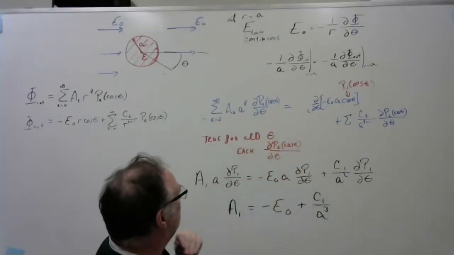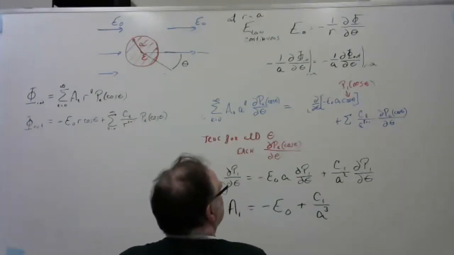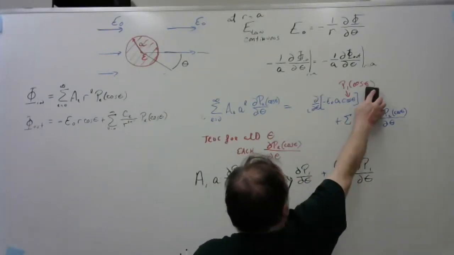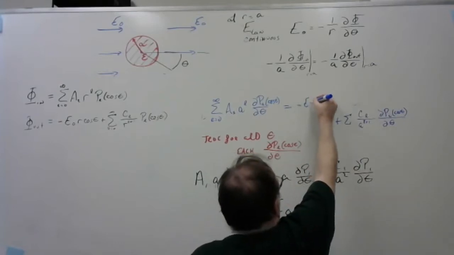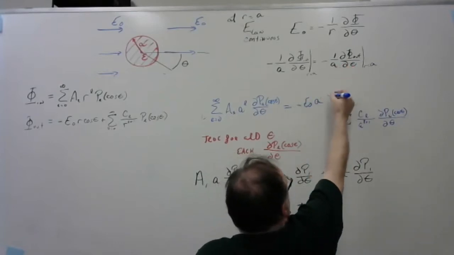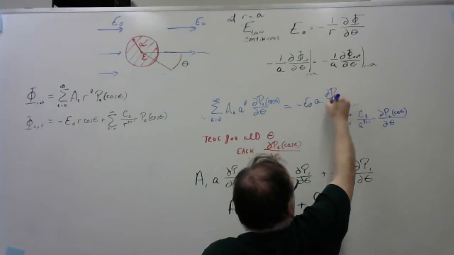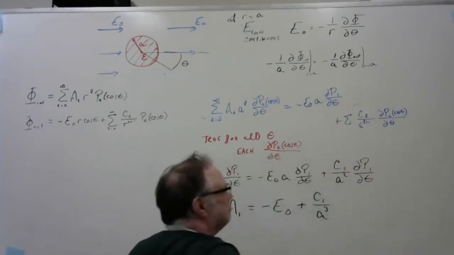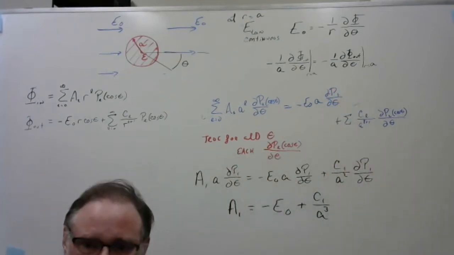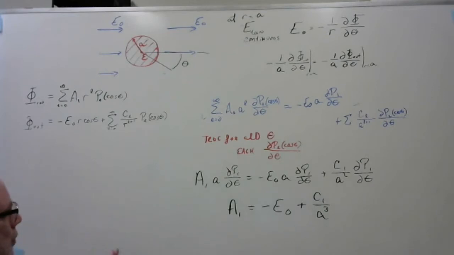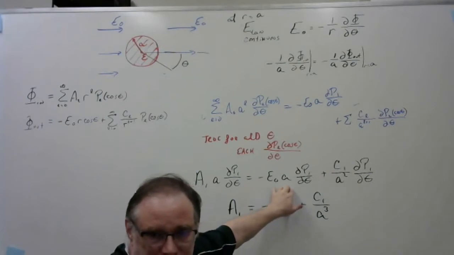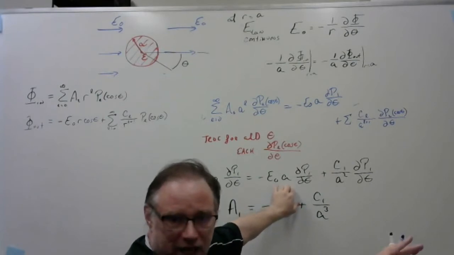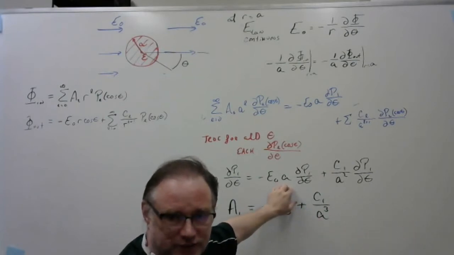So for the first one, we have multiple derivatives. I'm going to rewrite this term right here: this is minus E naught A dP1 d theta plus this. So for L equals 1, I've got this extra term in here that I'm not going to have for any other L. That's why we have to treat it differently.